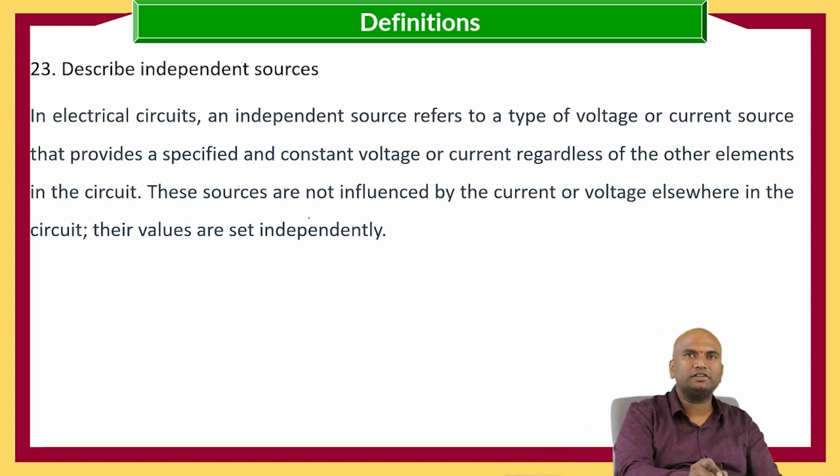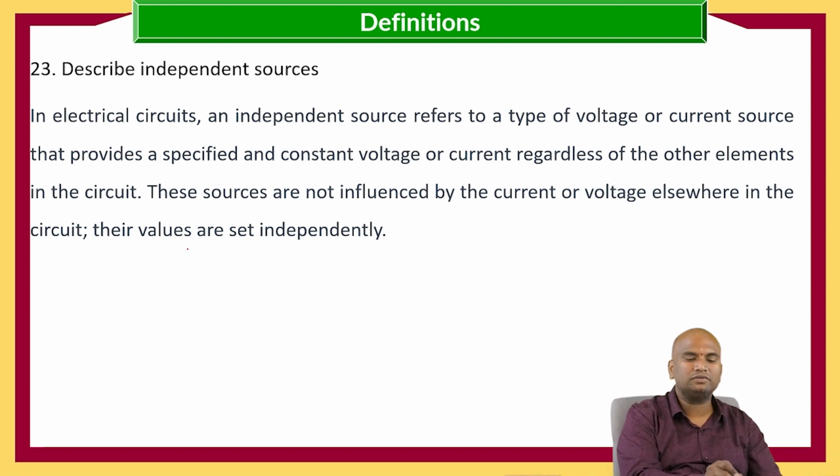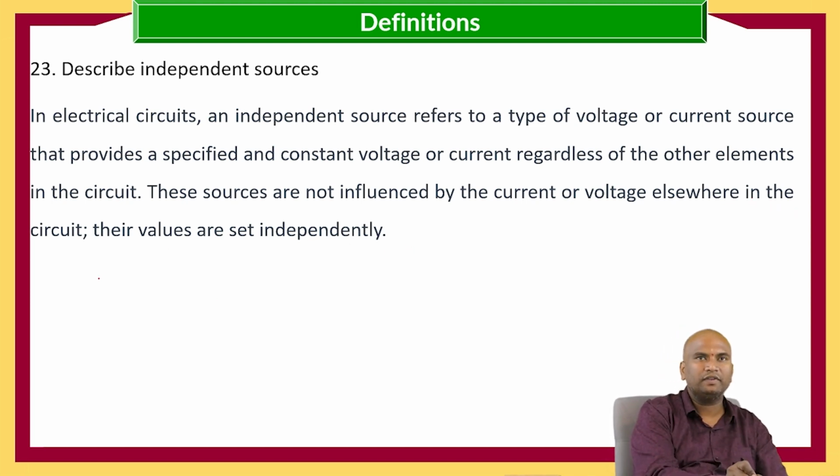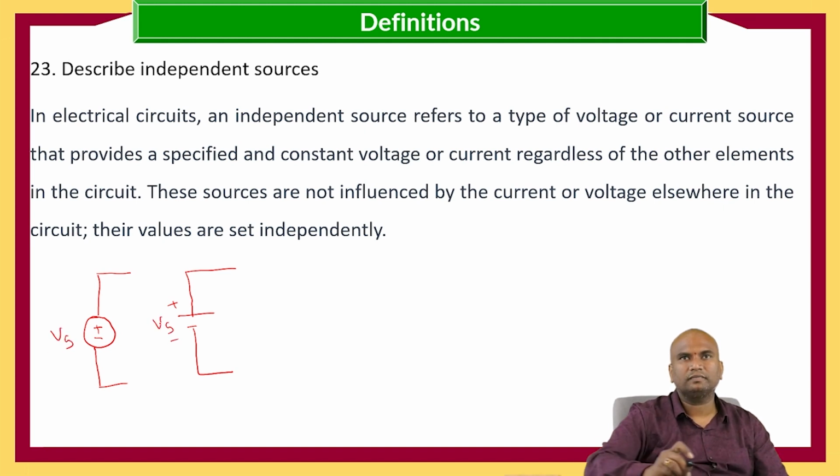These sources are not influenced by the current or voltage elsewhere in the circuit, and their values are set independently. The symbol for the independent voltage source is a circle with positive and negative signs, or with two lines, one small line and one big line. The big line indicates the positive and the small line indicates the negative. This is the Vs.